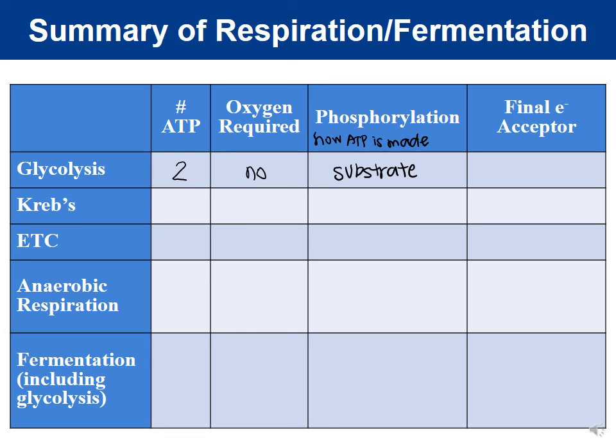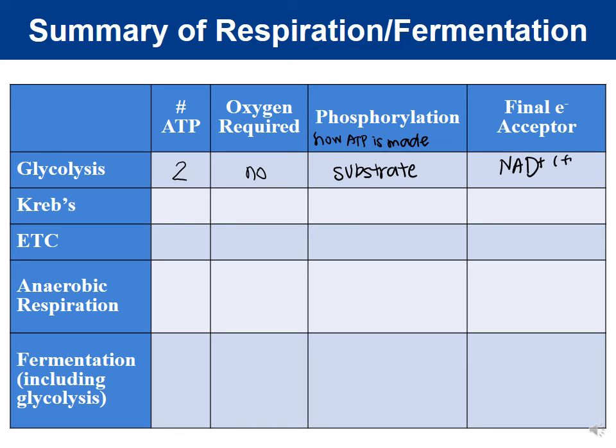In terms of final electron acceptor, there's a couple ways that you could interpret this. You could interpret this that there is no final electron acceptor in glycolysis because it's going to keep going to later steps. Or you could interpret this as what is taking the electrons during this step. If I'm interpreting it as what is accepting those electrons, that's going to be the NAD+.